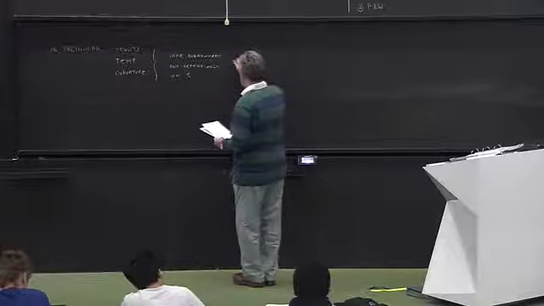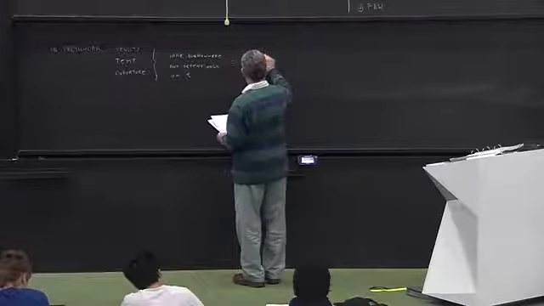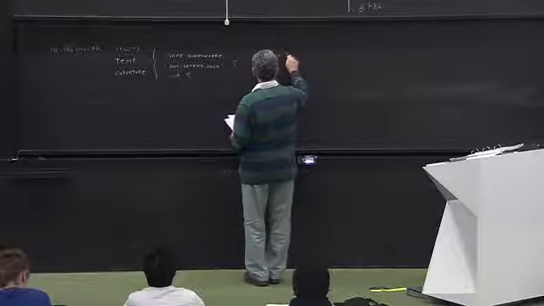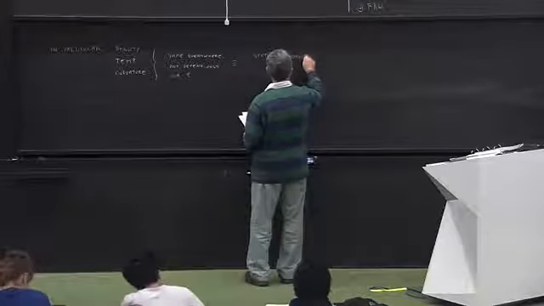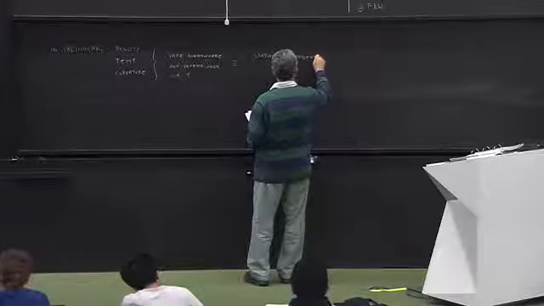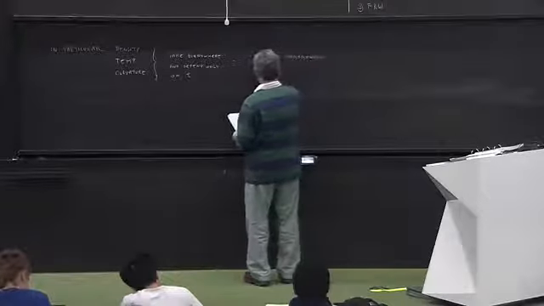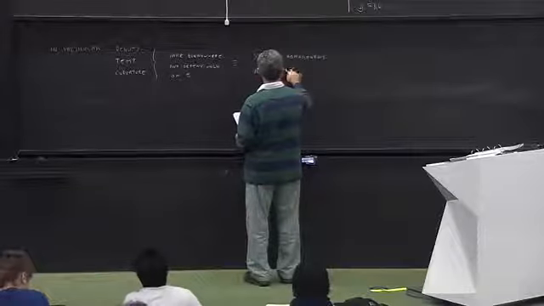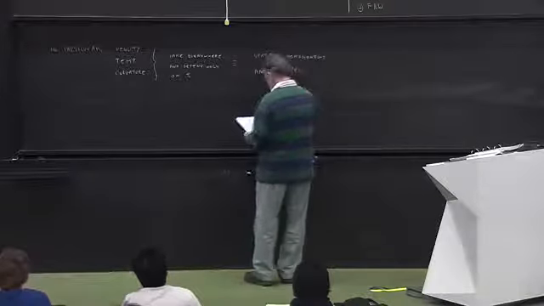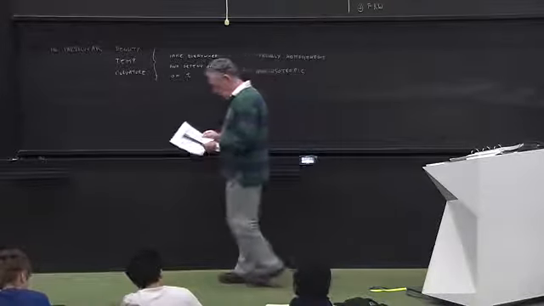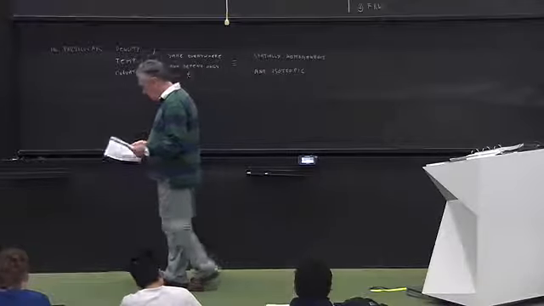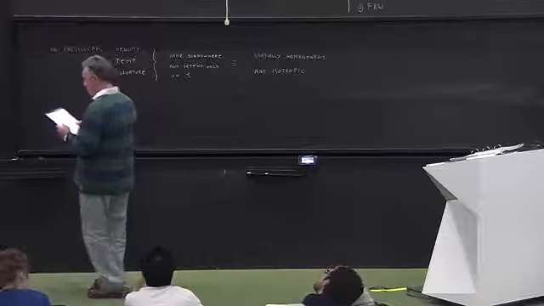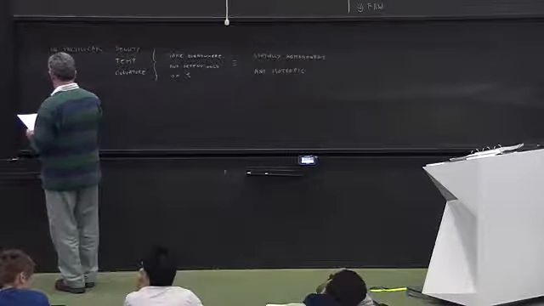Which is the same as spatially homogeneous and isotropic. And we encapsulate this cosmological principle with the Robertson-Walker metric.